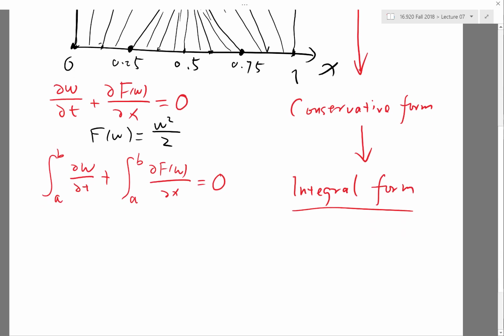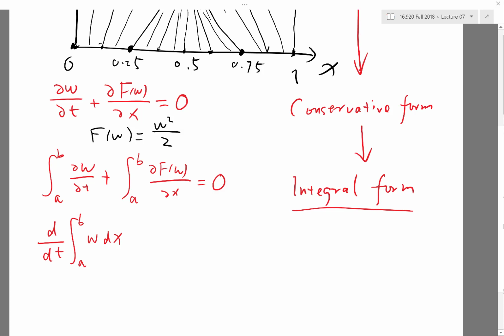Okay, so now let's simplify this. The integral of time derivative is equal to the derivative of the time integral of the spatial integral, right? Because one integration is in space and the derivative is in time, that makes it commutable.